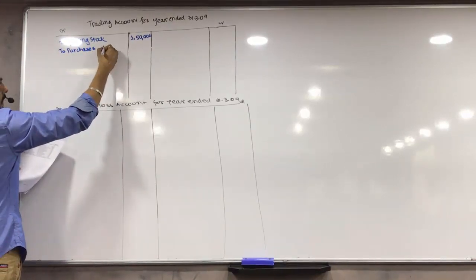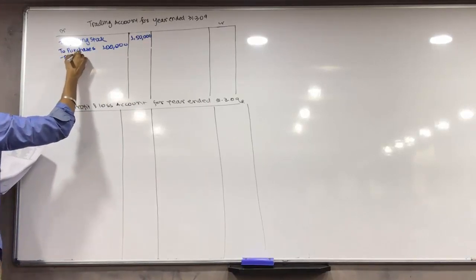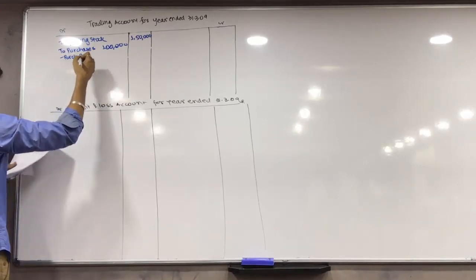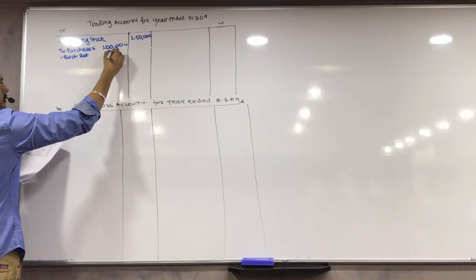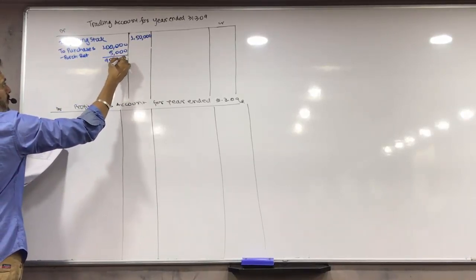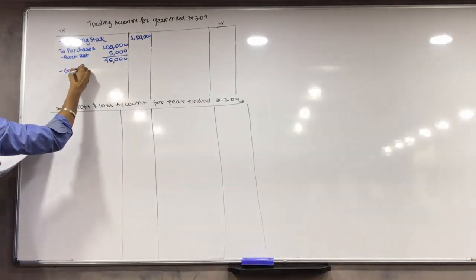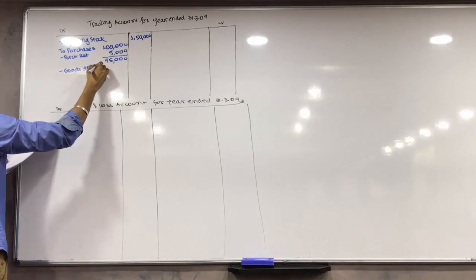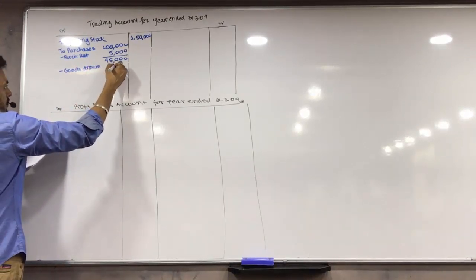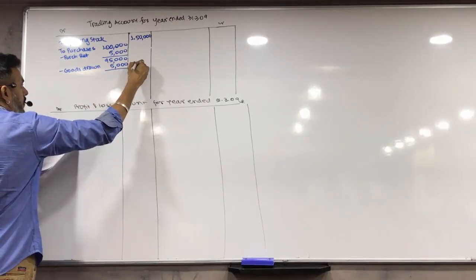Inner column 1 lakh. Minus purchase return, we will do it along with this, 5,000. 95,000 minus goods withdrawn, goods drawn 5,000, outer column 90,000.